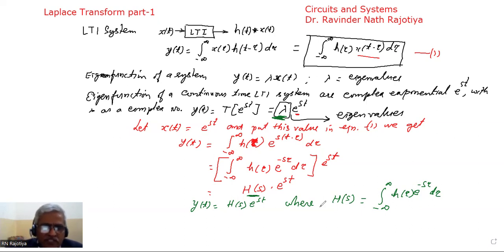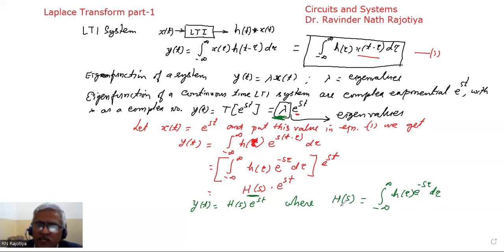With this equation in mind, we can say that the eigenvalue of a continuous time LTI system associated with the eigenfunction e^(st) is given by H(s).